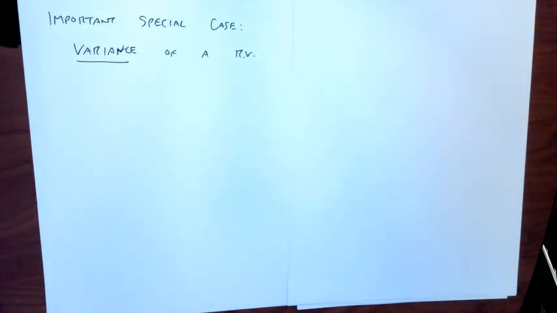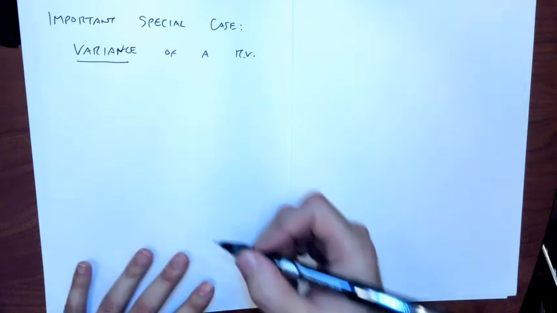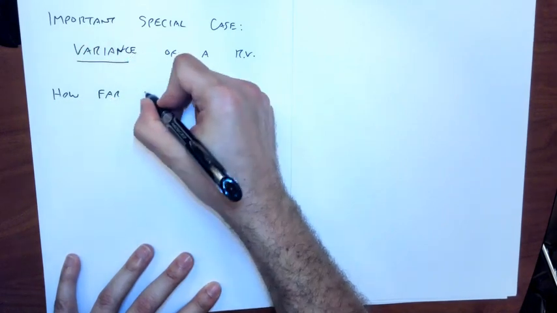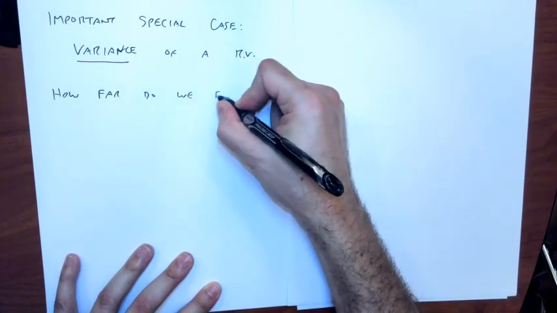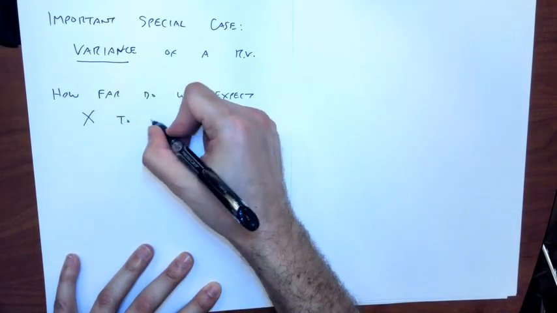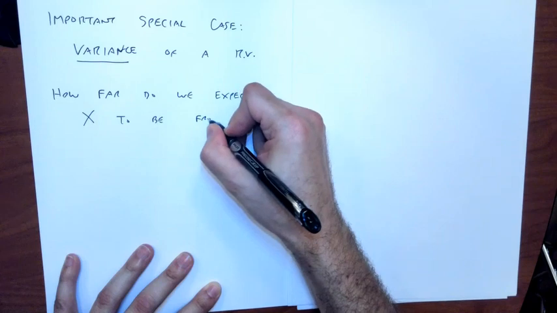And intuitively, the variance is something that tells us how much spread or uncertainty there is in the outcome of the random variable, okay? So it's a measure of how far we expect x to be from its mean.